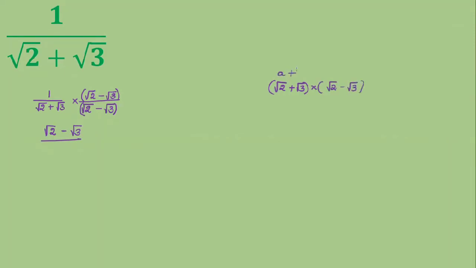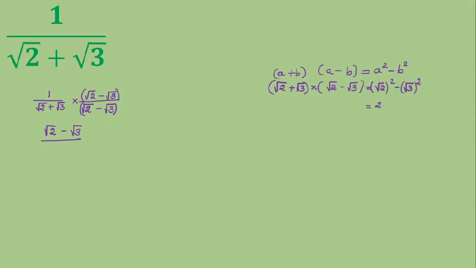So this is of the form a plus b into a minus b, that is equal to a square minus b square. So here a is root 2, b is root 3. So root 2 square minus root 3 square.